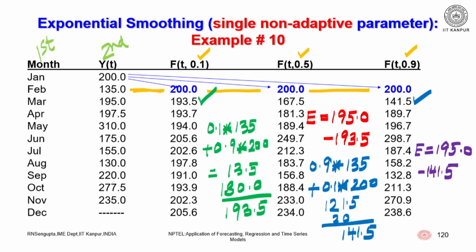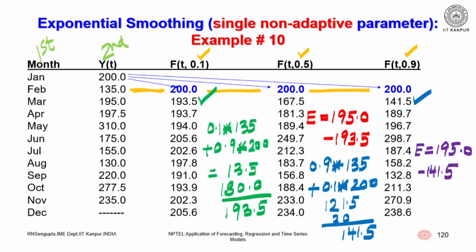Now, if you see interestingly, the more weightages you give, depending on whether you want to give more weightages to the actual value or more weightages to the forecast value, corresponding to alpha, depending on what you think how the trend is, you can find out the value for alpha which will minimize the error.